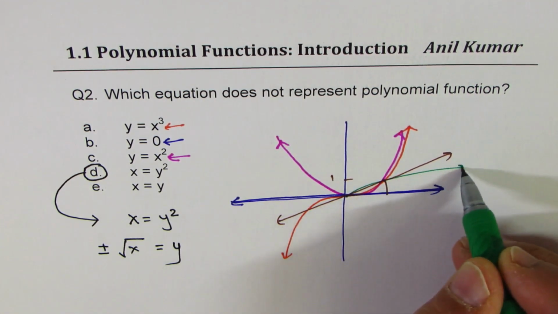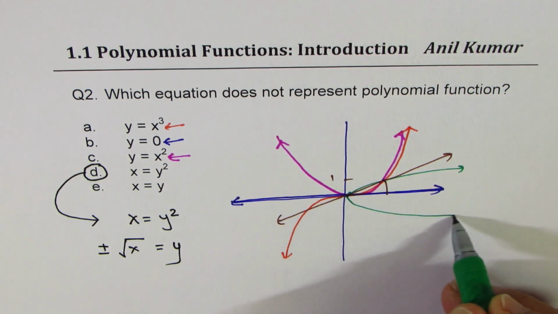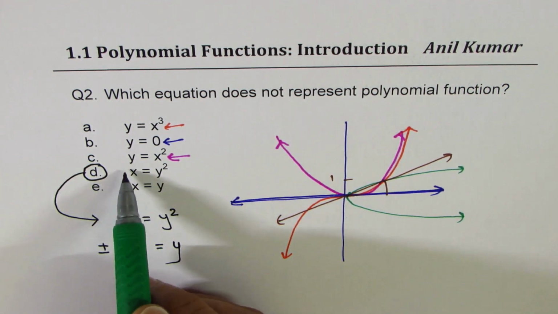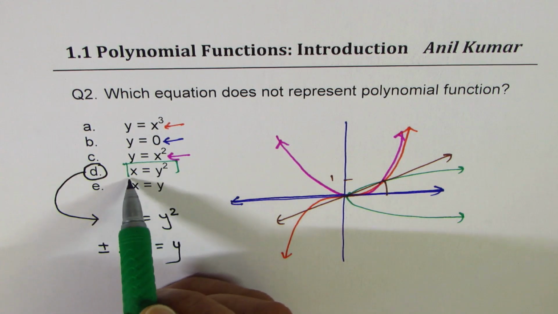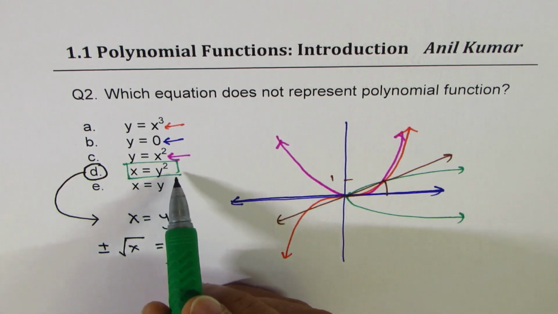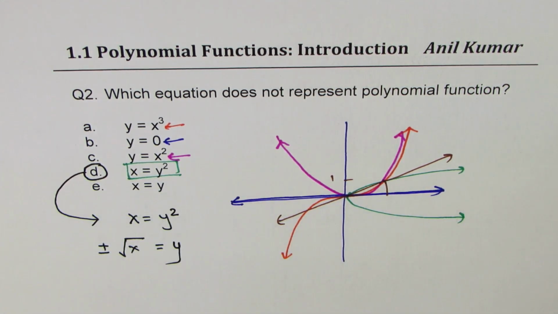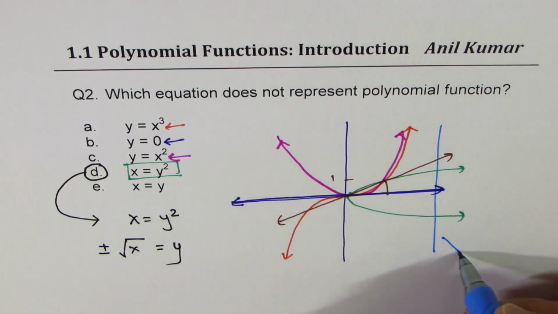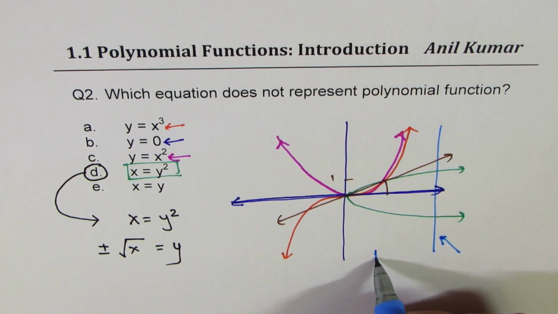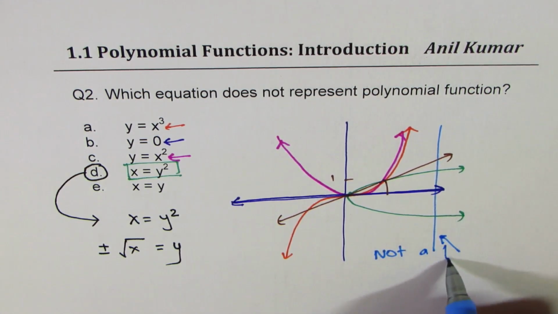It will also go through this point, kind of like this. So this is the graph of x equals y squared. It is not a function also. It actually fails the vertical line test, right? If I draw a vertical line here, it fails. So it is not a function.